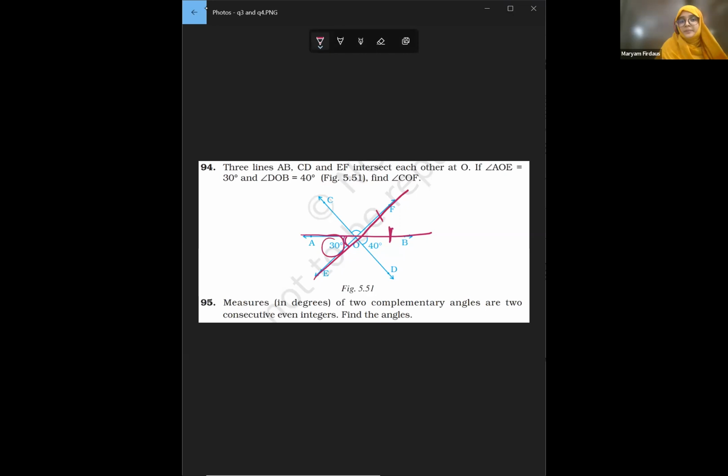DOB. AOE is 30 degrees, which is the other angle that's being formed by these two red lines? There is no other angle. There's an angle that's opposite to that 30 degrees. COF.